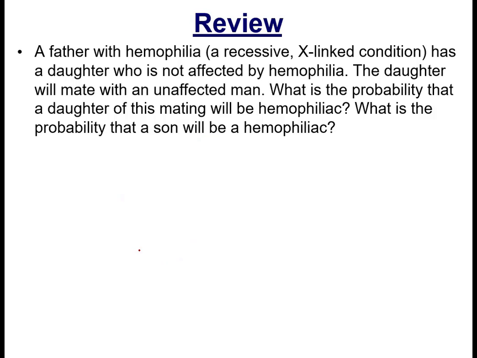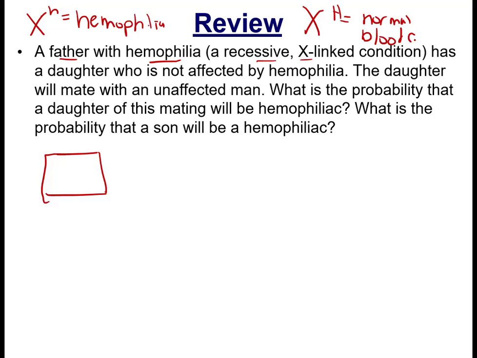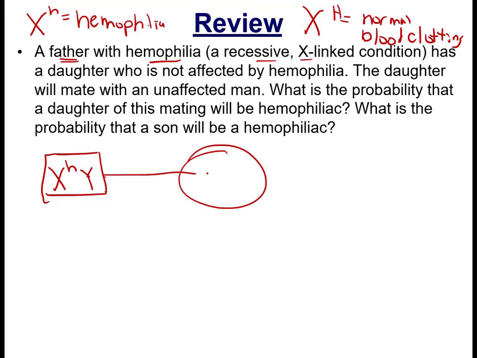Here's another problem we should do together. Okay, a father, so that's going to be a square, with hemophilia. It's a recessive X-linked condition. So we can write up here, X with a little h will be hemophilia, and X with a big H will be normal blood clotting. This father is going to be X with a little h and Y, and somewhere he mated with this XX, but we don't know what kind of hemophilia genes this mother had.